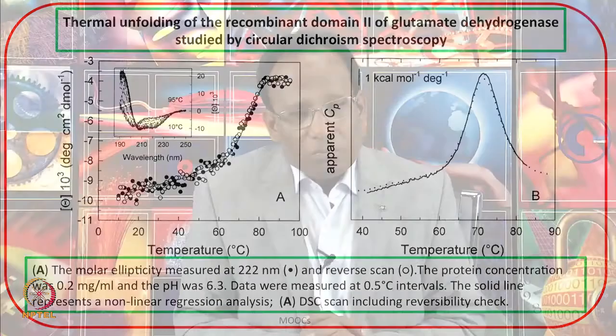So, even though we can get the thermodynamic parameters associated with thermal unfolding of biological macromolecules by non-calorimetric methods, these are indirect techniques which give the energetics of the process.